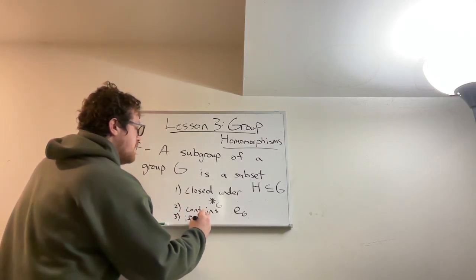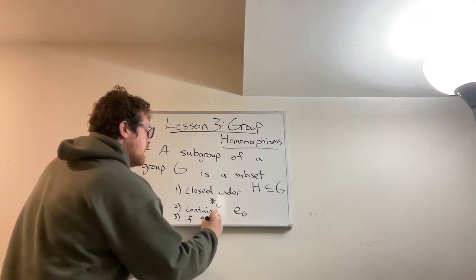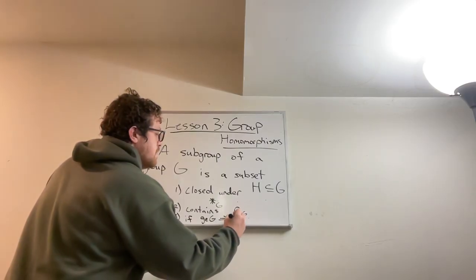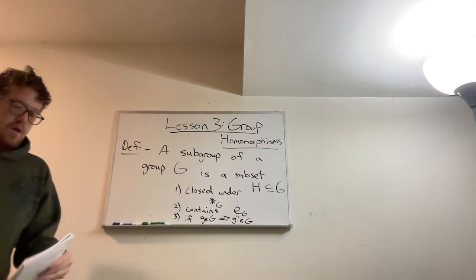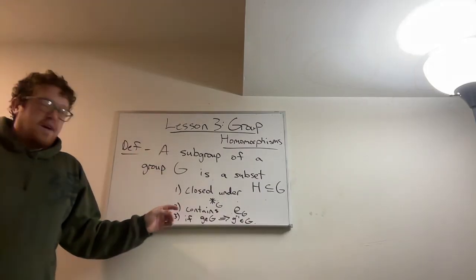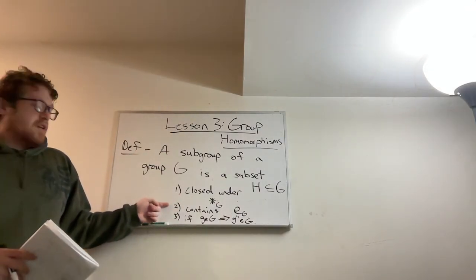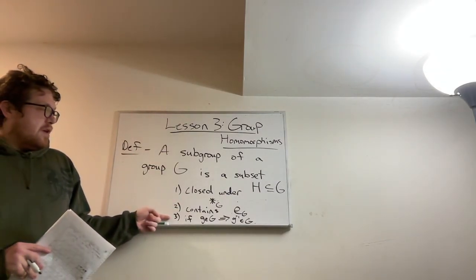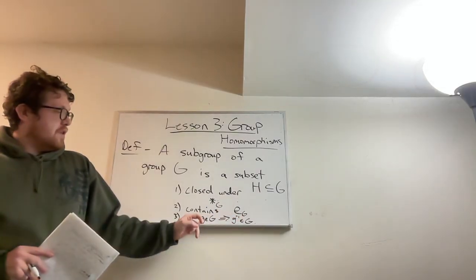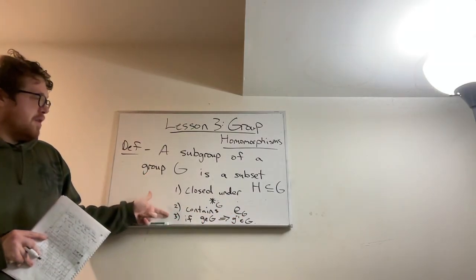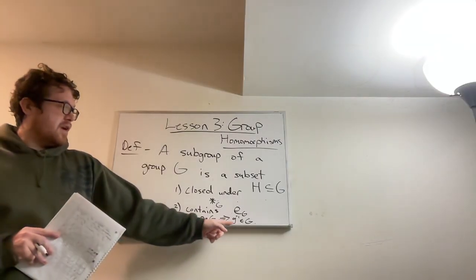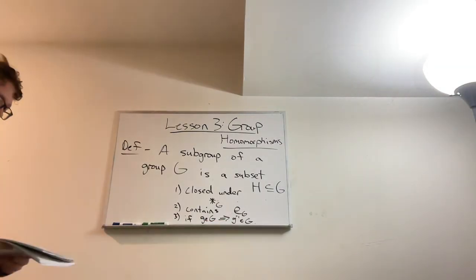So if g is in the group, then the inverse is also in the group. Okay, so if these three are satisfied, it's closed under the operation, contains the identity, and is closed under inverses, meaning that the first two make it a submonoid, and then the third makes it a subgroup, that it actually contains all the inverse elements.